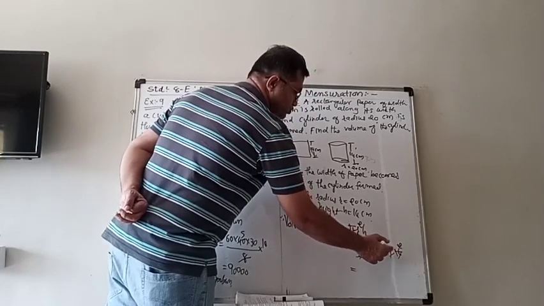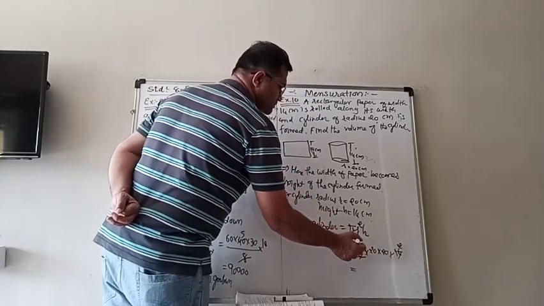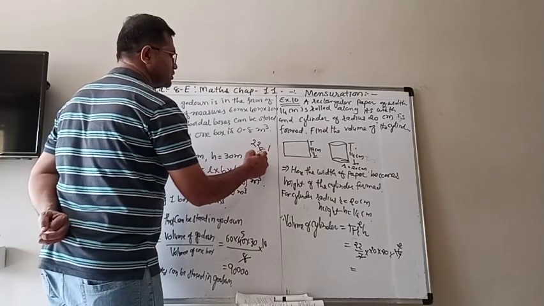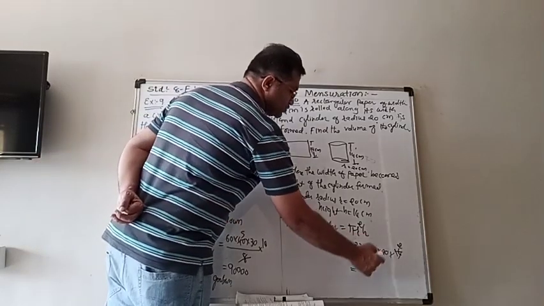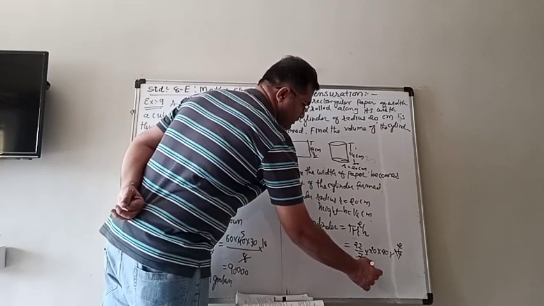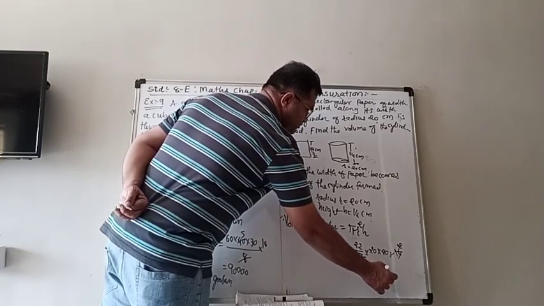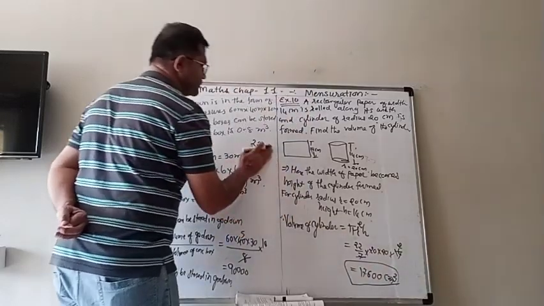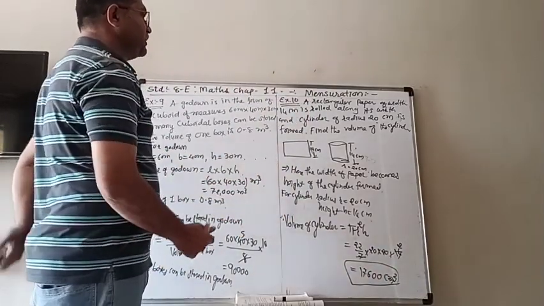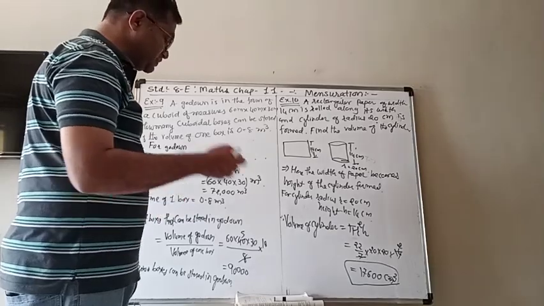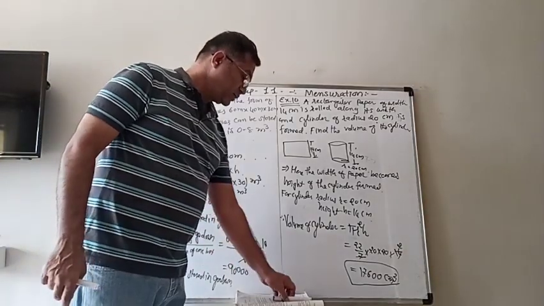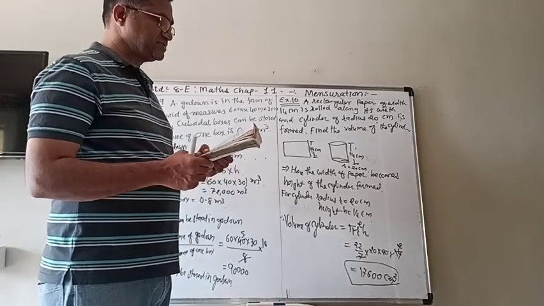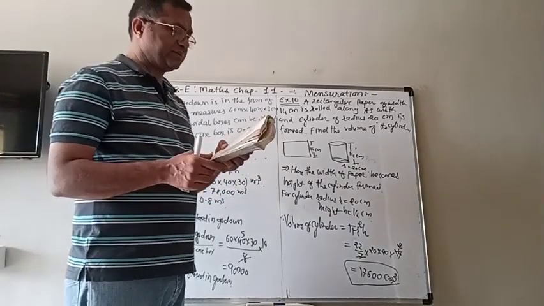So now 2 2s are 4, 4 2s are 8. 8 multiplied by 22 is 176 and 2 zeros. So 17600 centimeter cube. So the volume of that cylinder which is made from the paper is 17600 centimeter cube.